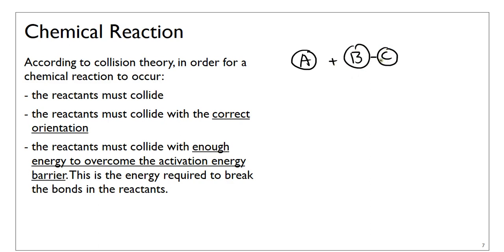If you want this reaction to take place, the two reactants must collide hard enough to break the bonds between B and C. So you have to break the bonds in the reactants, and then later on you form new bonds in the products. So I could represent that change in energy using, you've seen this before, the energy profile diagram.